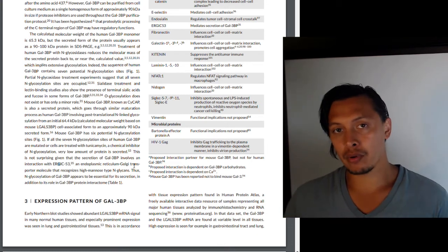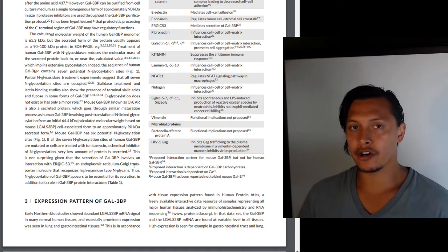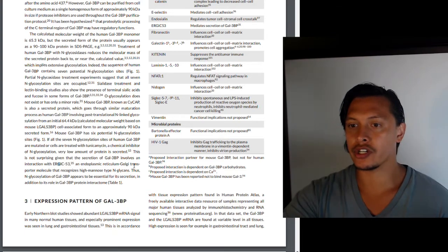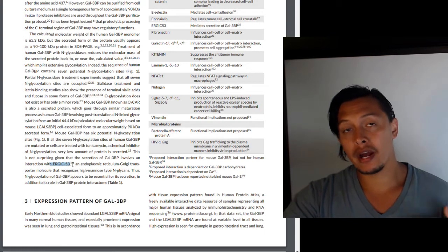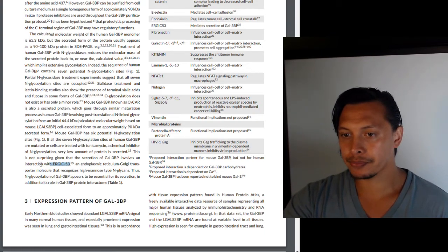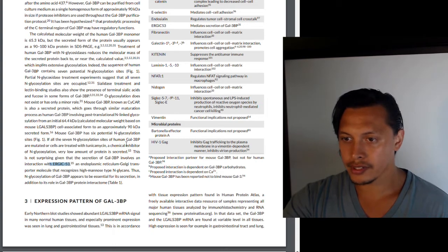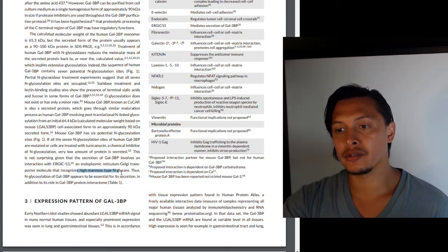But one of the proteins that is necessary for this proper secretion is ERGIC53, and the way that it works is that it recognizes these high mannose type N-glycans.